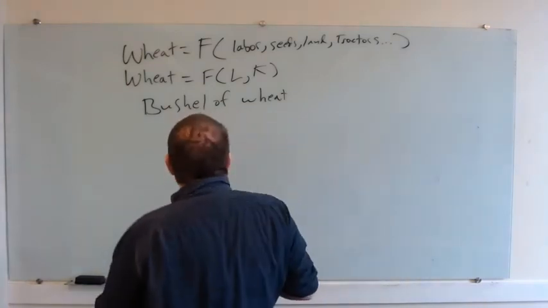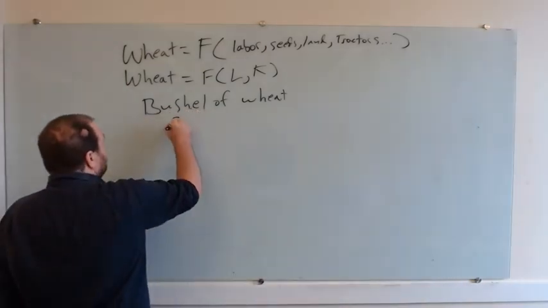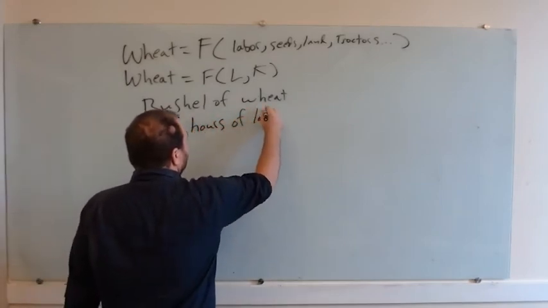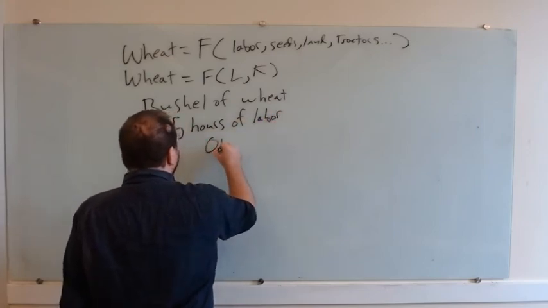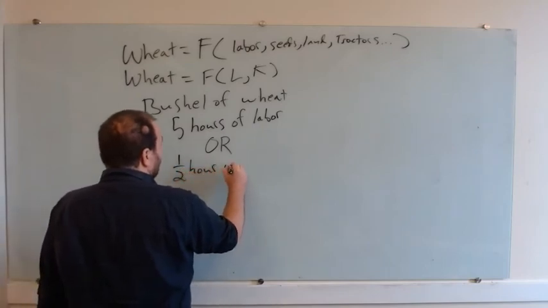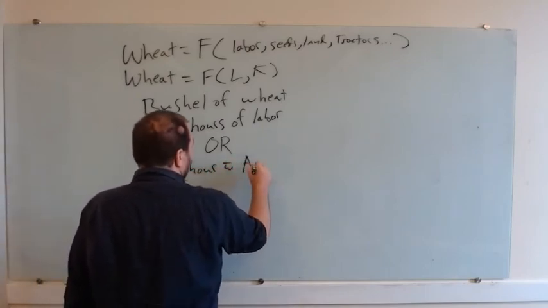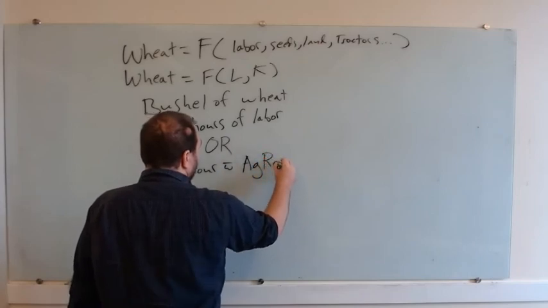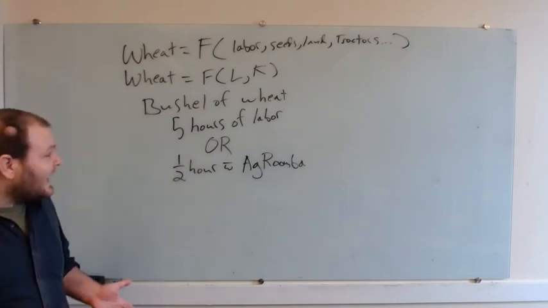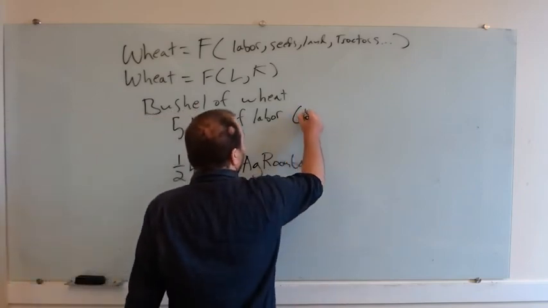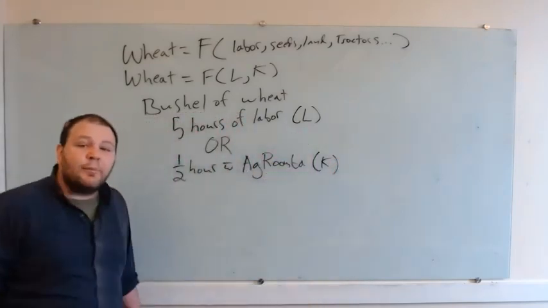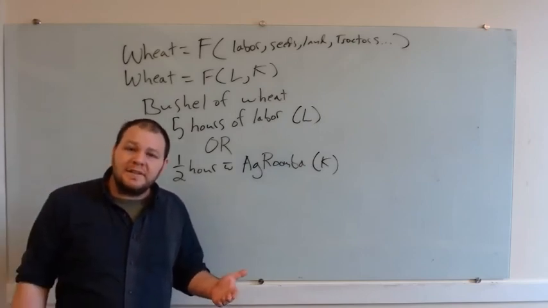So let's say that we can either harvest a bushel of wheat with 5 hours of labor, or a half hour with the ag Roomba. So in this case, if we have L hours of labor and K hours of ag Roomba time, how much wheat can we harvest?